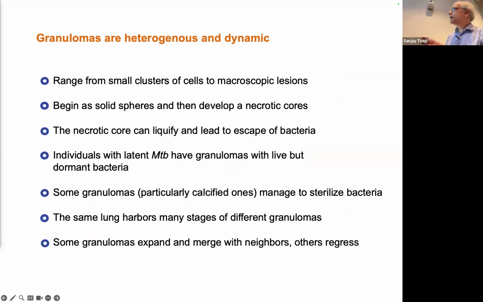I guess I have talked a little bit about these issues already. Granulomas are very heterogeneous. They range from just a cluster of a few cells to very large structures, a few centimeters, even inches big, or taking a big portion of the lung.